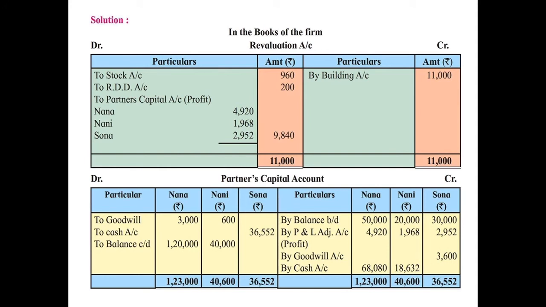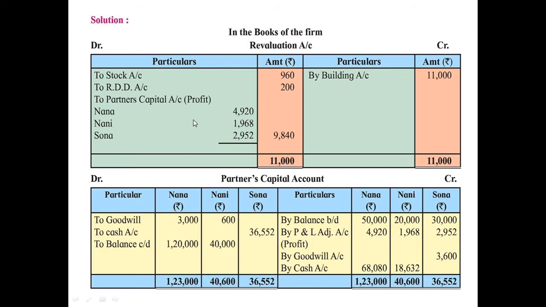Here we can see, after recording the first two entries on the debit side and one entry on the credit side, that the credit side total of the revaluation account is higher, that is 11,000. From this 11,000 you have to subtract these two amounts of stock and RDD. The balance remaining is 9,840. That is called the revaluation profit.